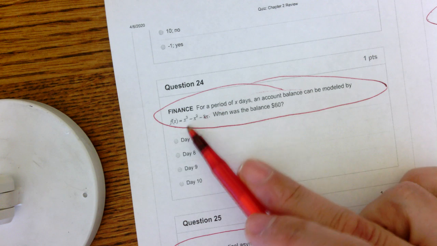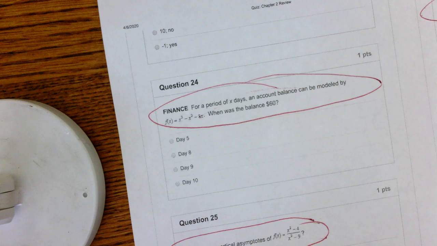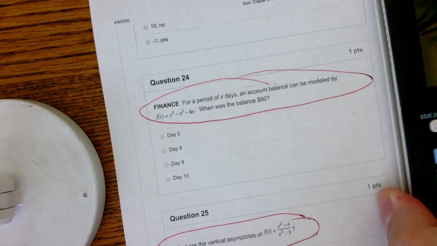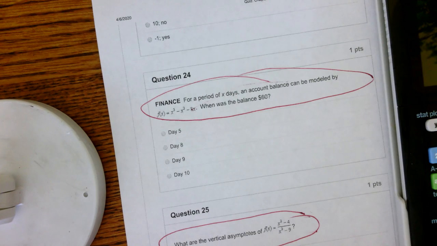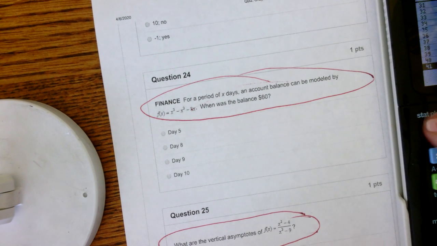All right, it says for a period of x days, the balance is modeled by f of x, x minus 3 minus x squared. When was the balance 60? So the good way to do this problem is to type it into the calculator and graph it.